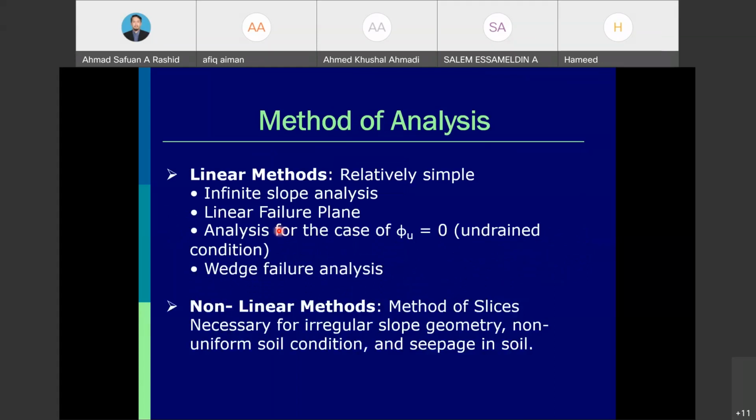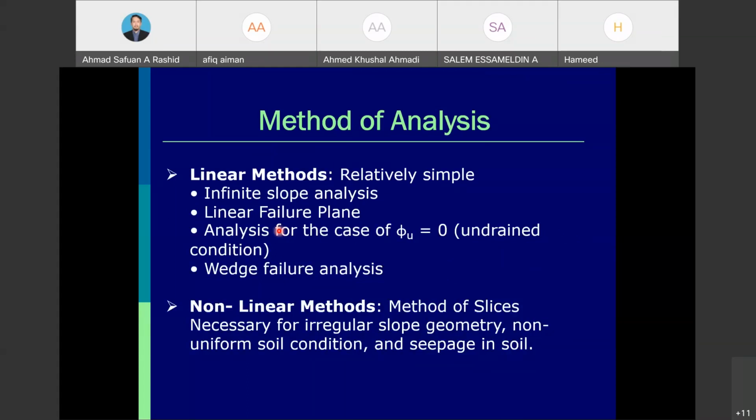For the method of analysis, we have two types of methods. As I told you previously, we have the linear methods, which are relatively simple. We may use these linear methods to conduct stability analysis for the infinite slope, which we will learn later.